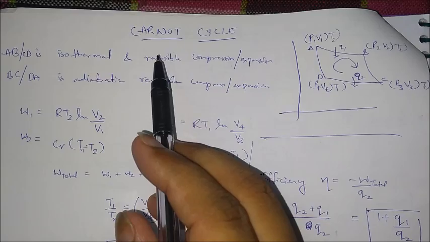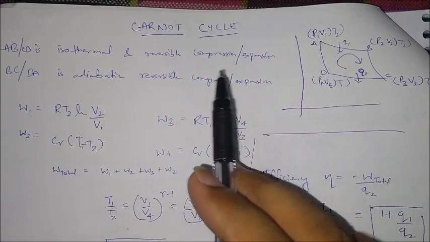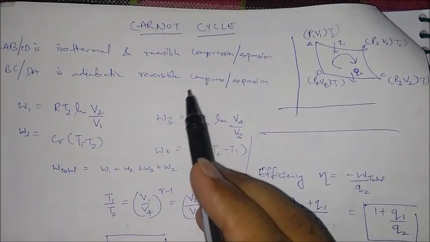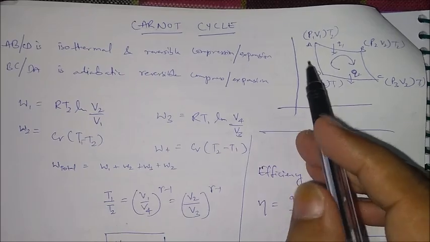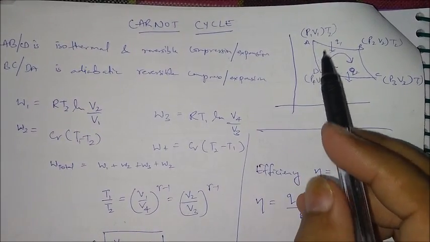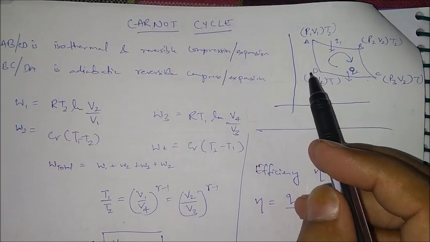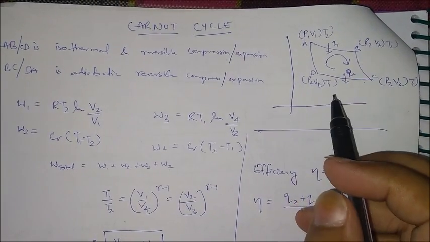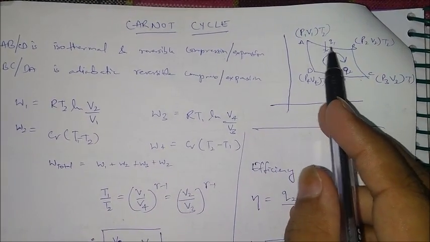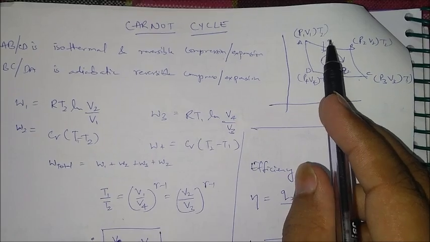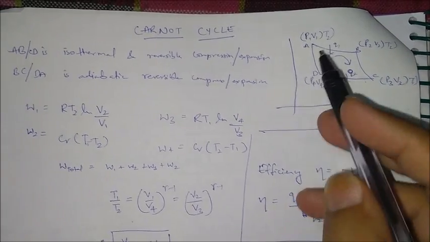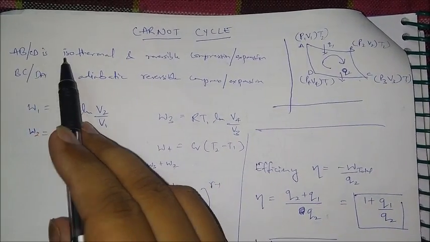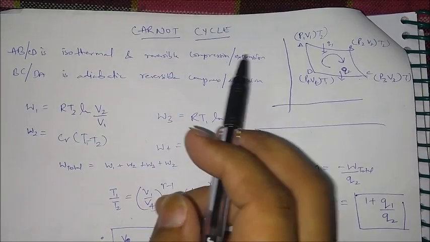Okay, so the next is the Carnot cycle, and it's one of the most important topics where a question has been asked every time. If a particle moves from A to B, then B to C, then C to D, and then from D to A, AB and CD are isothermal and reversible compression and expansion.